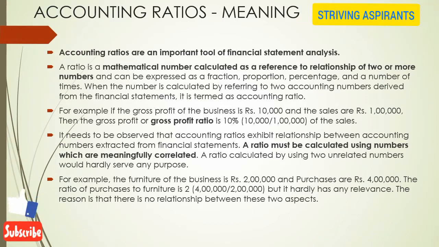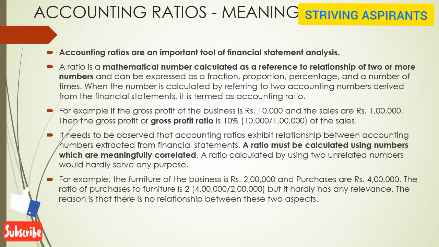Here we can see one example. If the gross profit of a business is rupees 10,000 and the sales are rupees 1 lakh, here we can calculate the gross profit ratio as 10%. That is 10,000 divided by 1 lakh of the sales.